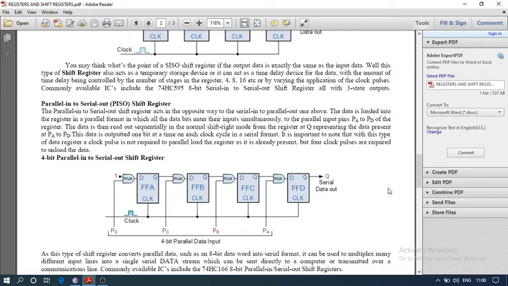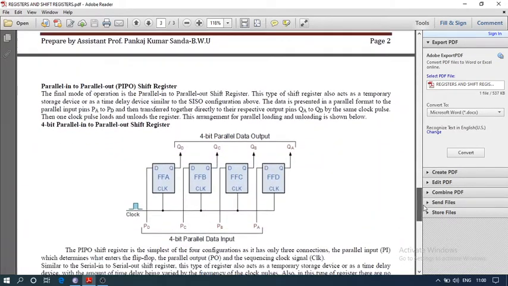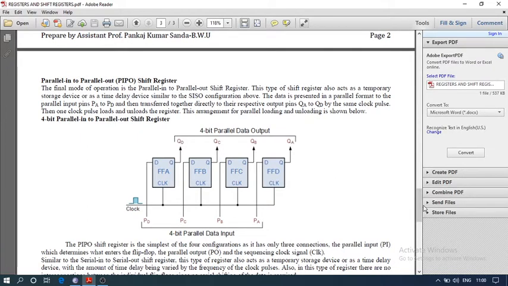That's why it is called parallel in, serial out. And lastly, the storage register is parallel in, parallel out. So here data is given to a single unique flip-flop and data is collected from the same flip-flop. That's why it is called a storage register, not a shift register. Data is not shifted from left to right.